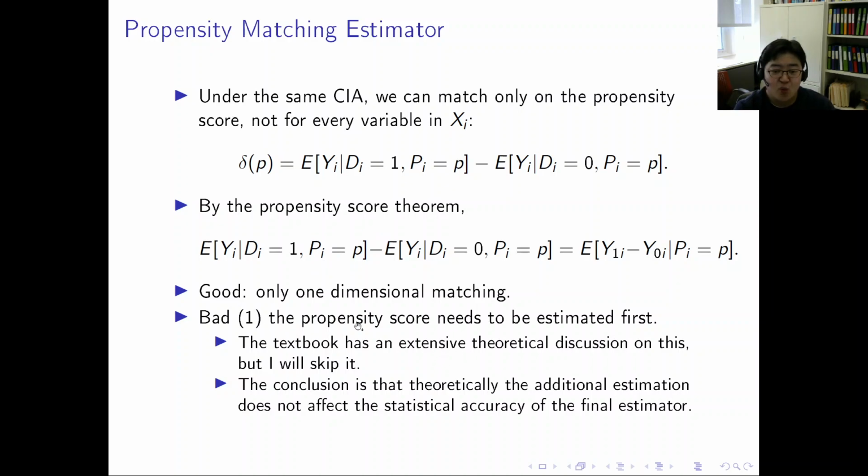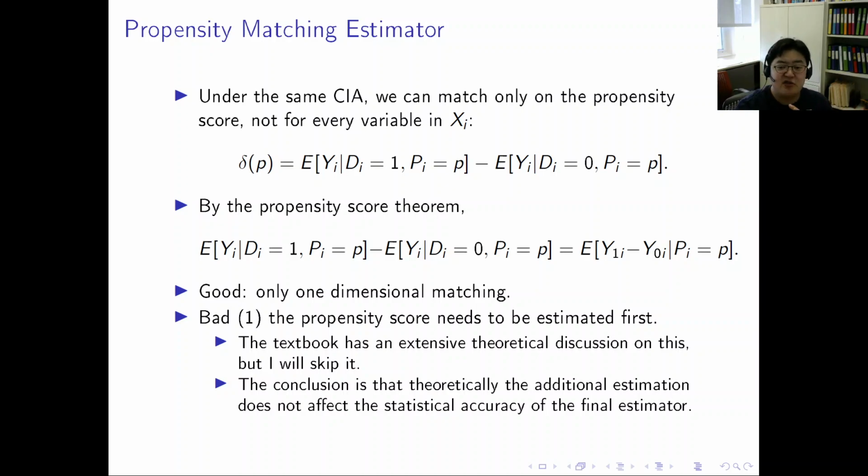So we have to estimate the probability of attending college first. In the first step, estimate this, and then you can implement this method. So it's an additional estimation burden, and the textbook discusses a lot about its estimation problem.